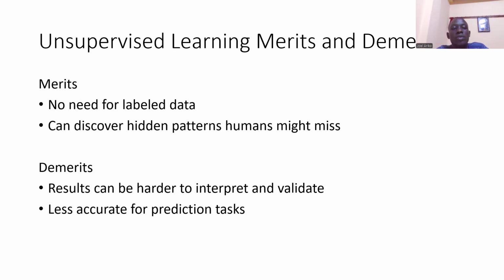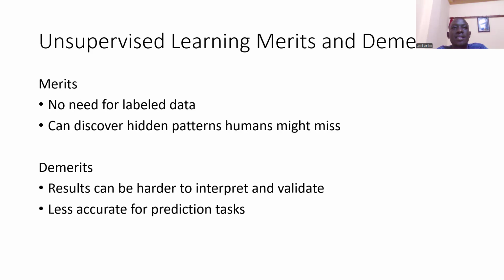So we also have unsupervised learning advantages and disadvantages. One of the merits is it saves time. You know why? This is because there's no need to label the data, and also it can discover hidden patterns humans might miss.